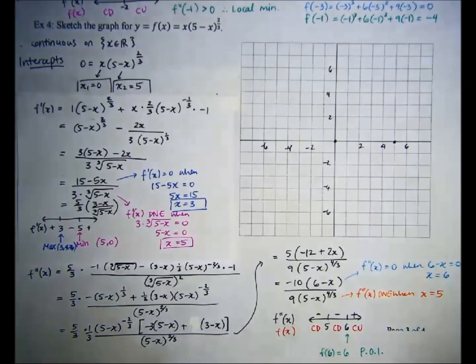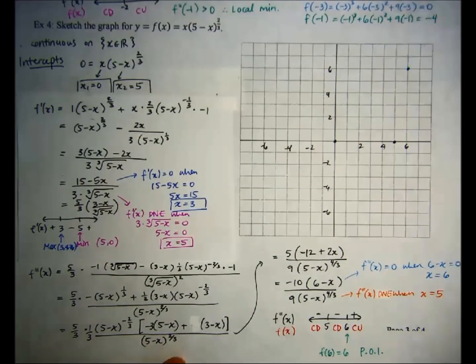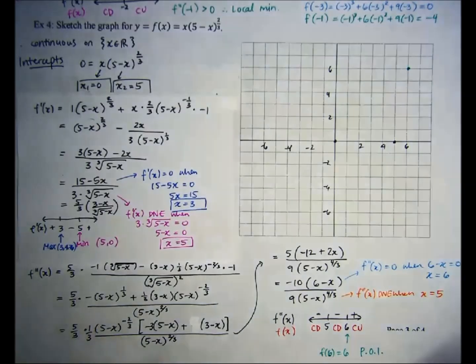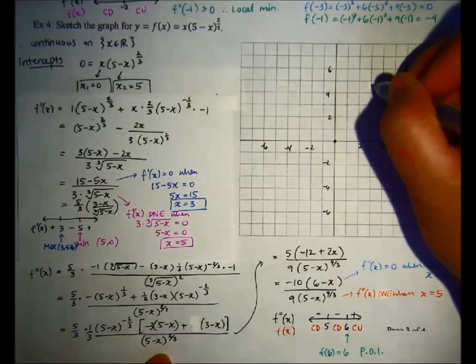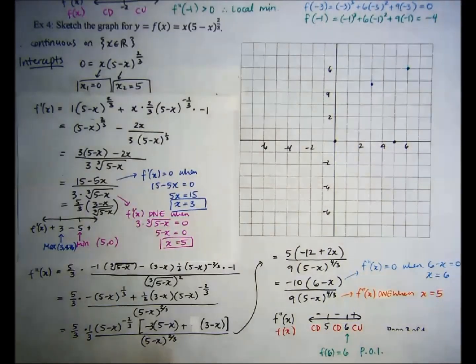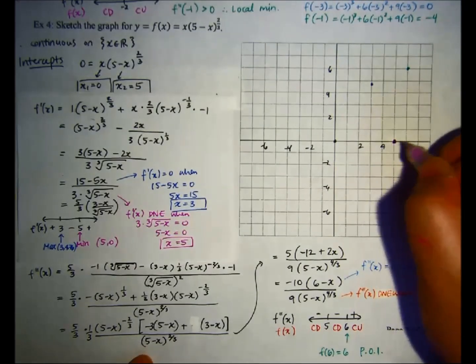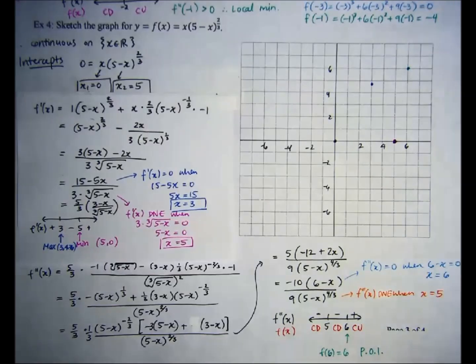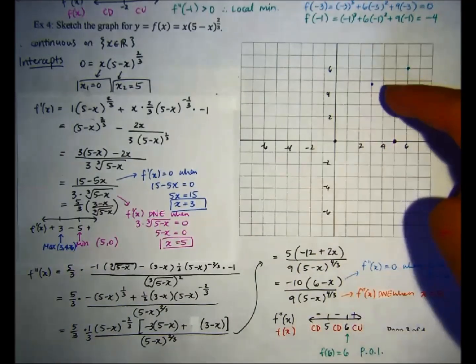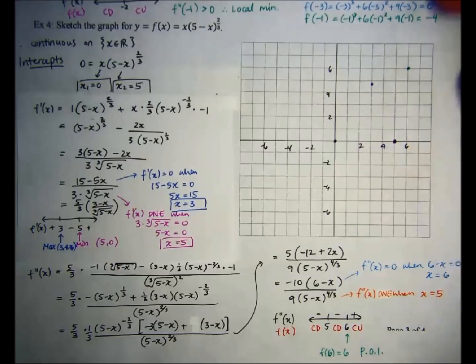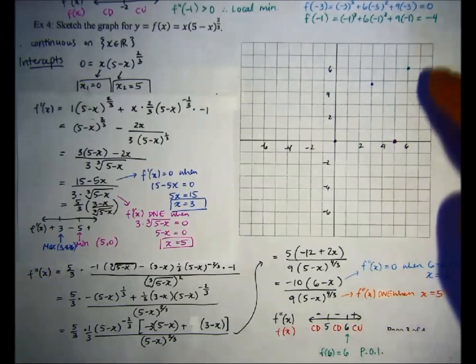So now we can plot all of this information and graph. So 3, 4.276 is approximately here. And we said this is going to be 5, 0, which is a local minimum, as well as being an x-intercept. Okay, so now we can put everything together. The function is increasing until you get to 3, then it decreases, and then it increases back. Okay, and the point of inflection was at 6, 6.